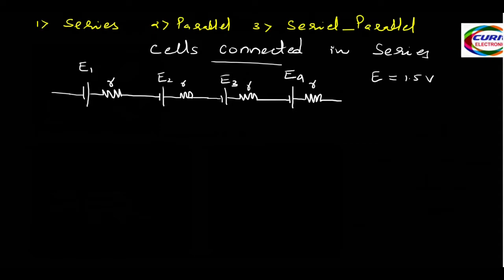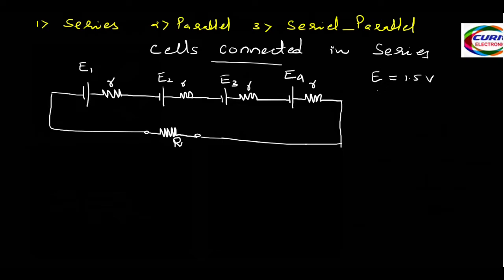And their internal resistance, I think we need not worry about the value. Now, after making the series combination of cells, this is our terminal. Why do we use these cells, these batteries? To drive a load. So this is our load resistor. Take it as R.